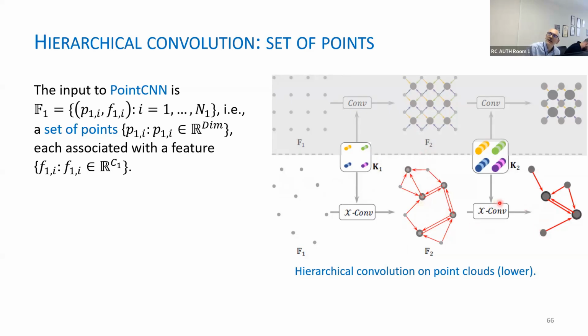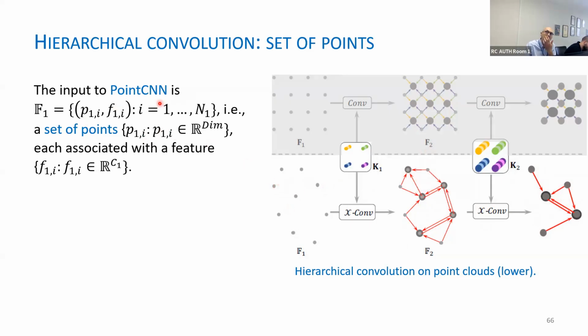Applying the same convolution-like operator to this set of points, we have another level where we just have 2 points that aggregate information from the neighborhood.